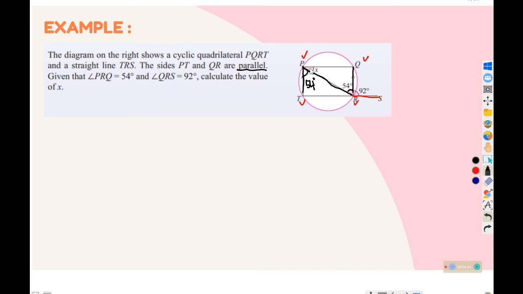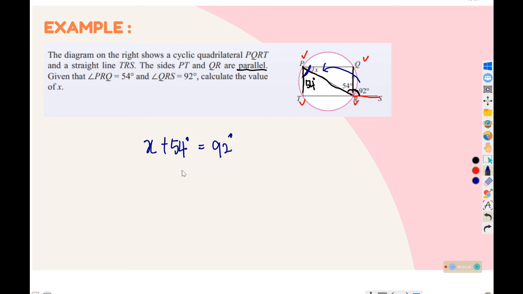Then, by using the relationship of the exterior and the corresponding interior angle, we know that this 92 is equal to the angle at P. So X plus 54 degrees is equal to 92.